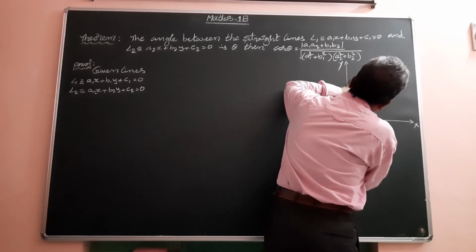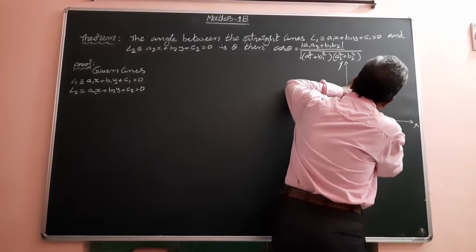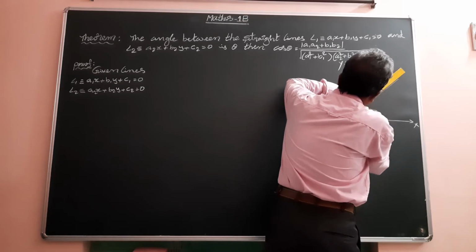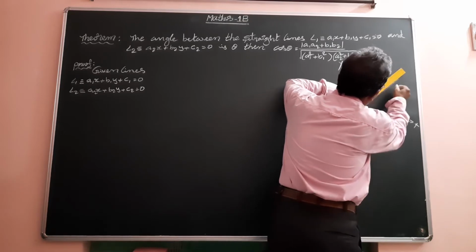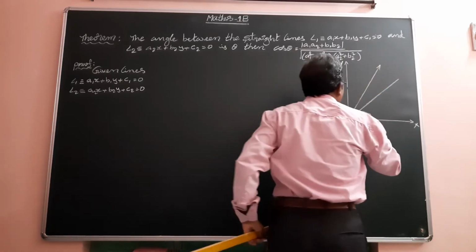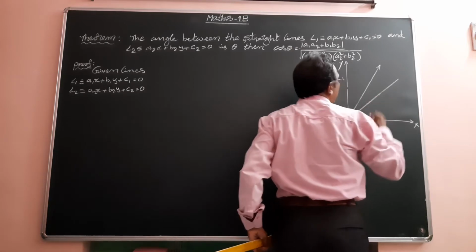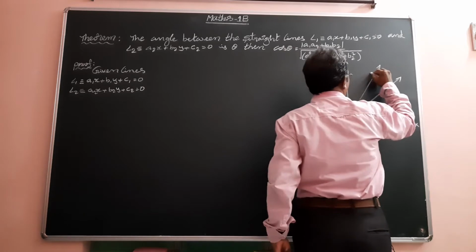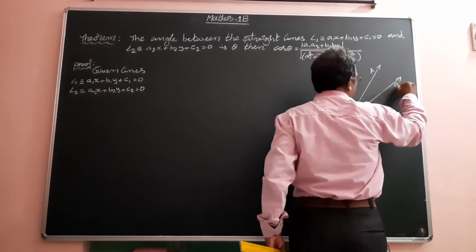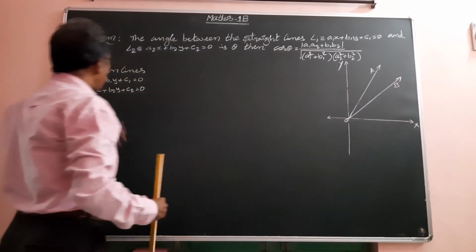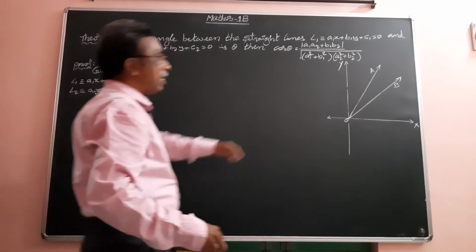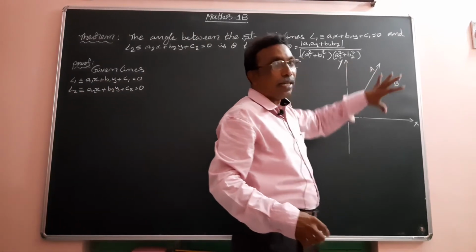Now we draw another line. These two lines pass through the origin. OA line, OB line. So the first one is OA, the second one is OB.